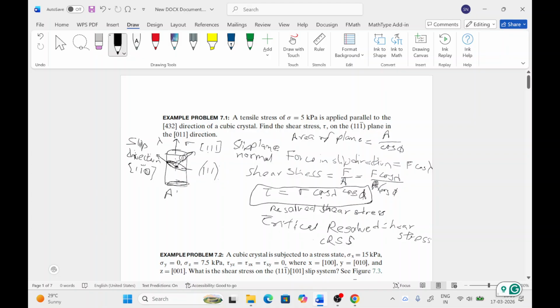Sigma and tau are both stress values, but they are different. Then cos lambda times cos phi we call the Schmidt factor.